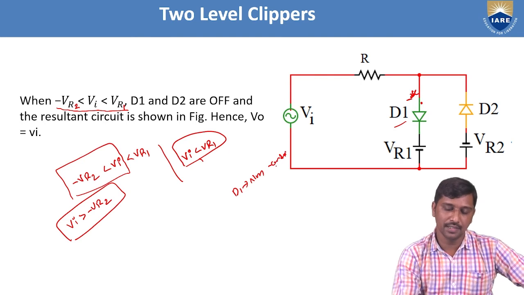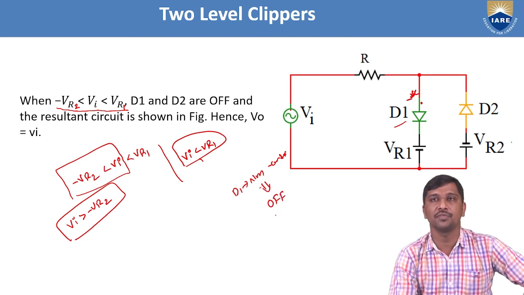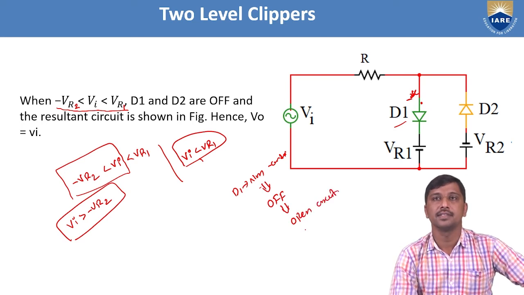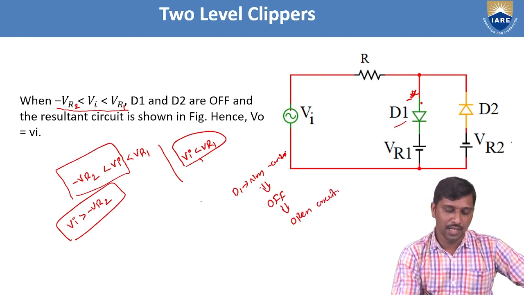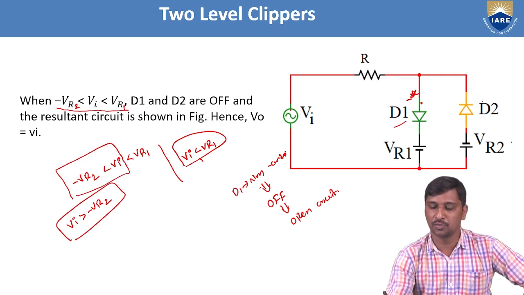Due to this condition, diode D1 is in the non-conducting state. Hence, the state is represented as the off state. If it is off state, it is replaced with an open circuit. Similarly, the input voltage is greater than minus VR2, so for diode D2, a larger voltage is passing through the cathode compared with the anode.